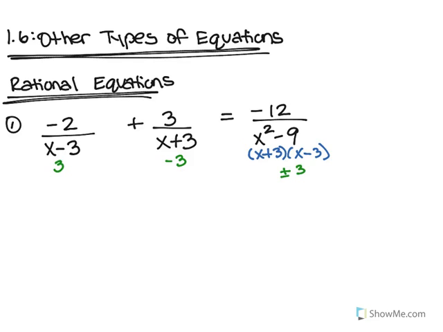So I like to write that on the side of my problem, because that keeps me focused. That lets me know that when I start solving this, when I get down to x equals 3, that's a problem. You follow me? Because it can't be 3. Or if I solve and it gets down to x equals negative 3, that's a problem. It can't be that. Does that make sense?